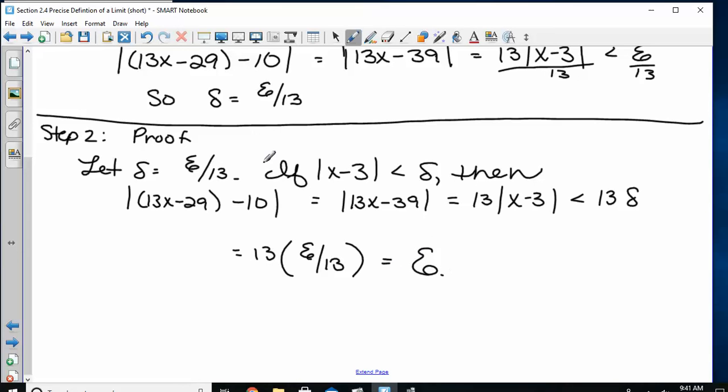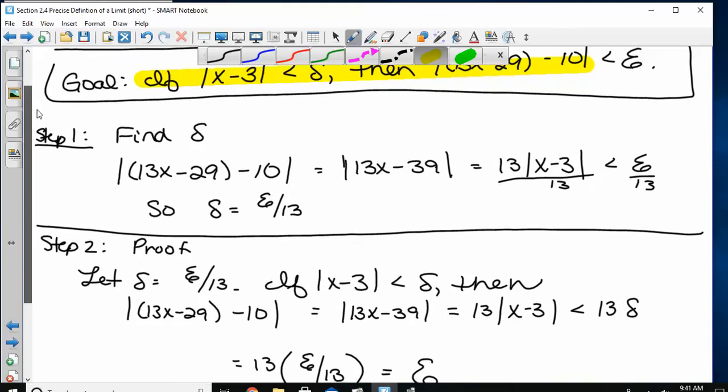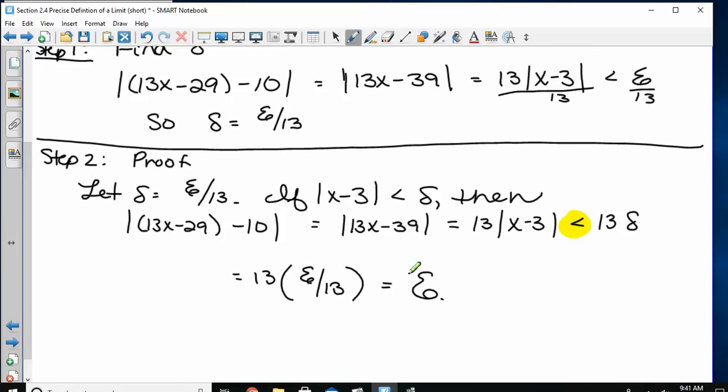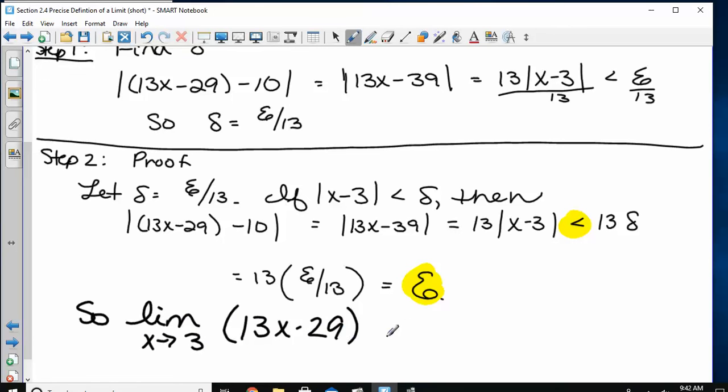So I got the remaining part of my definition. We had to have a less than and an epsilon. There's my less than. There's my epsilon. So we are done. That tells us the limit as x approaches 3 of 13x minus 29 equals, sorry, not epsilon, equals 10.